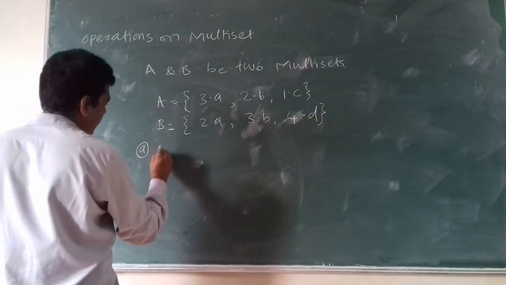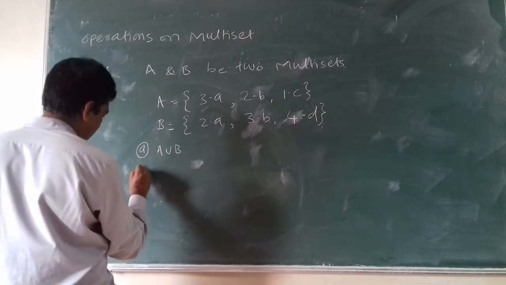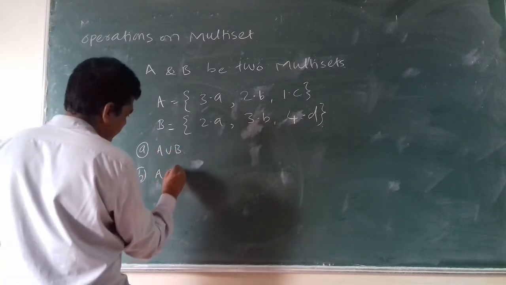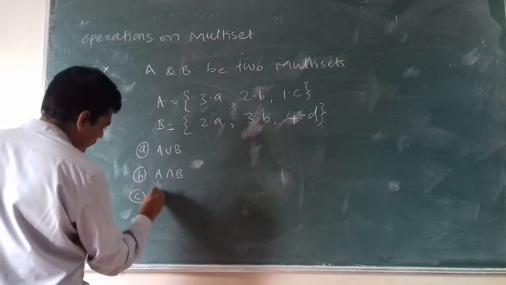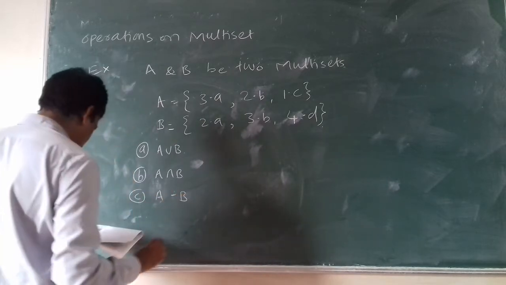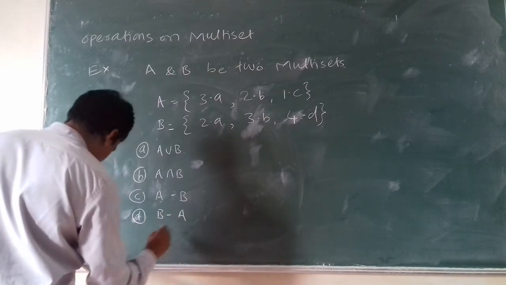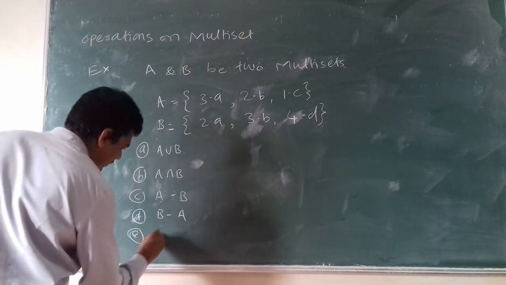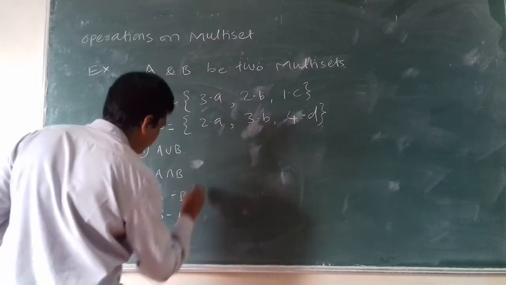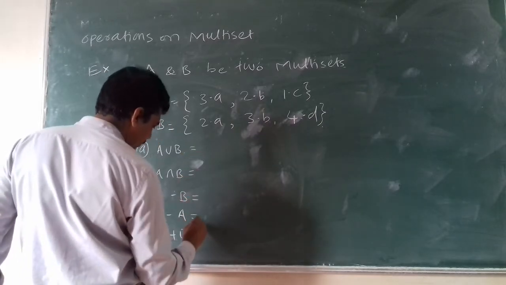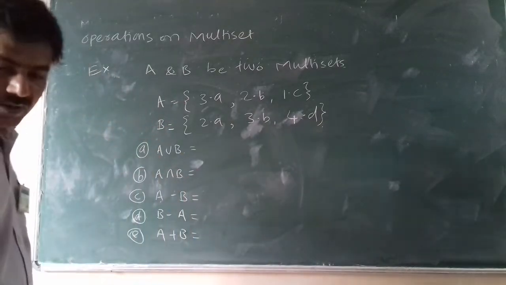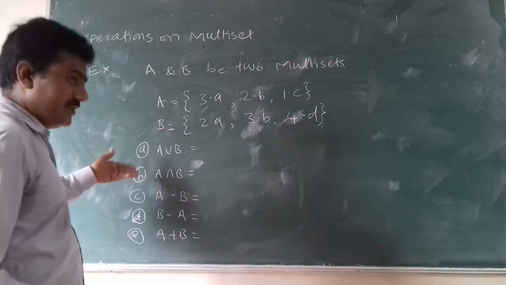Find A union B, second A intersection B, third A minus B, fourth B minus A, and last the sum operation A plus B. I think you are able to do this. Okay, so we'll see the answers.